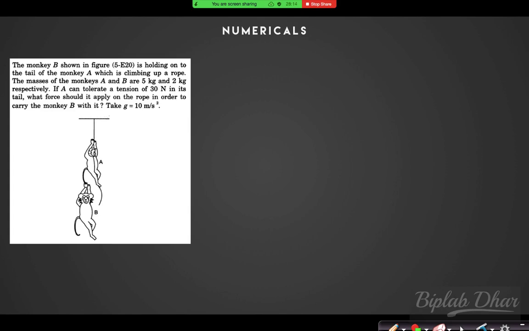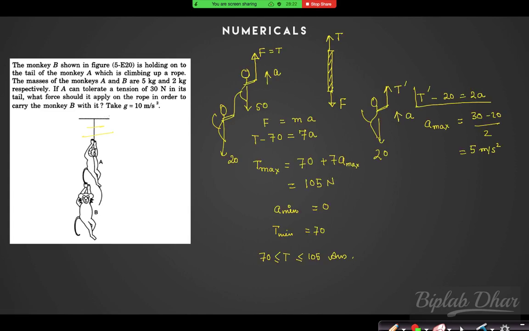Sir, in case of the lower monkey, why didn't we consider friction? Why did we directly take tension? In case of the lower monkey, if you draw the free body diagram, it is attached at the lowest point of the tail.